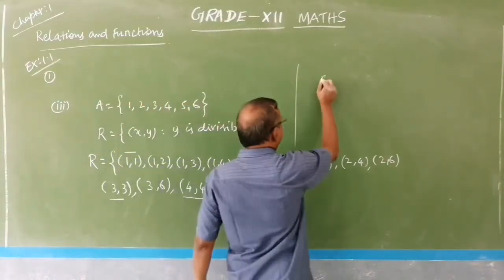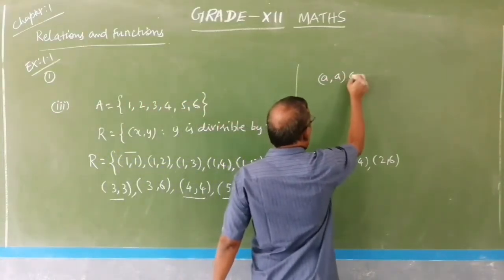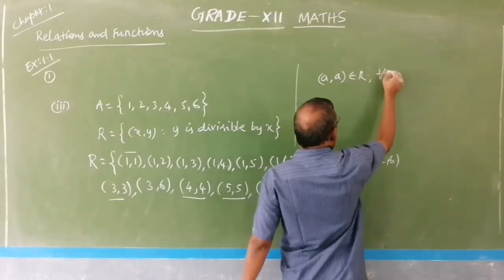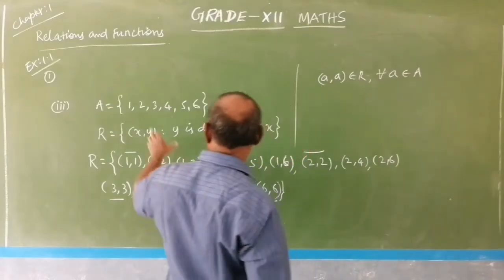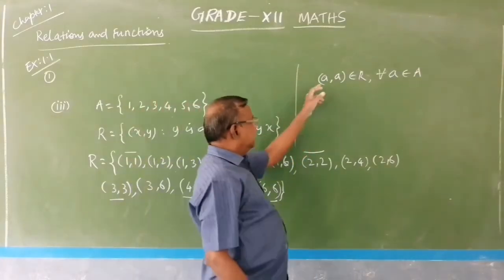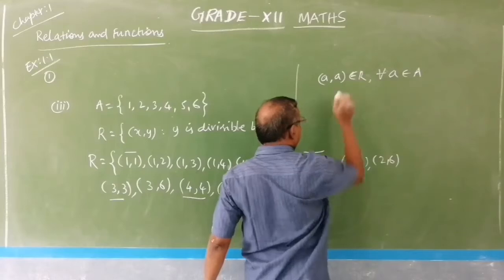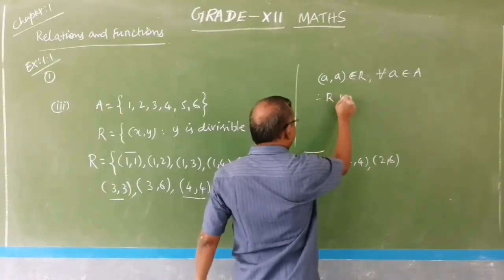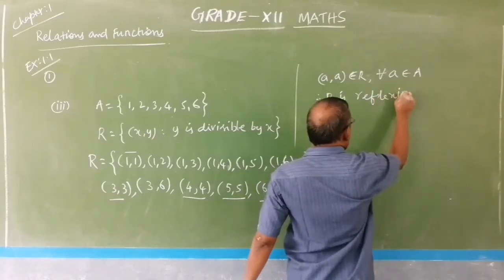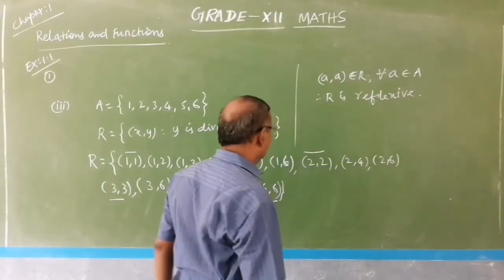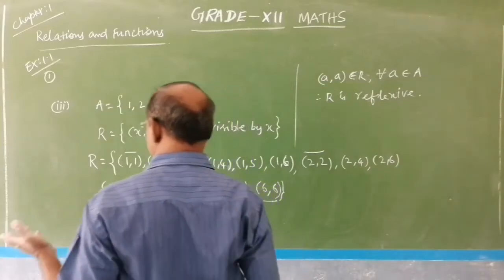So (a, a) belongs to R for every a belonging to A. Therefore, R is reflexive.